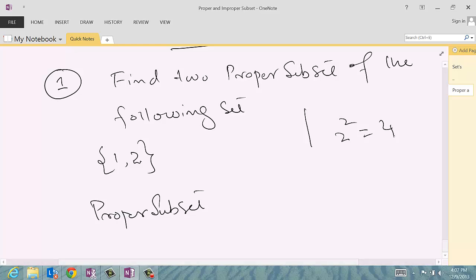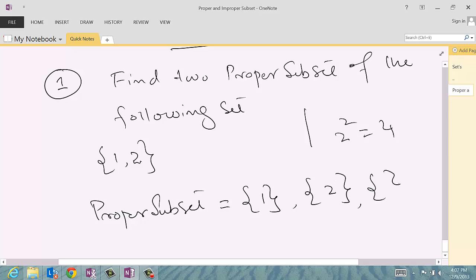So there are 3 proper subsets and 1 improper subset. The total number is 4, but I am asking only 2. Let's try it. So 1 is definitely going to be one. The other is going to be 2, and the empty set is always a proper subset. So at least this does have.